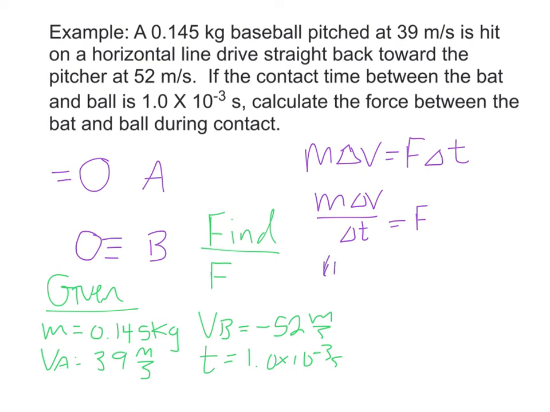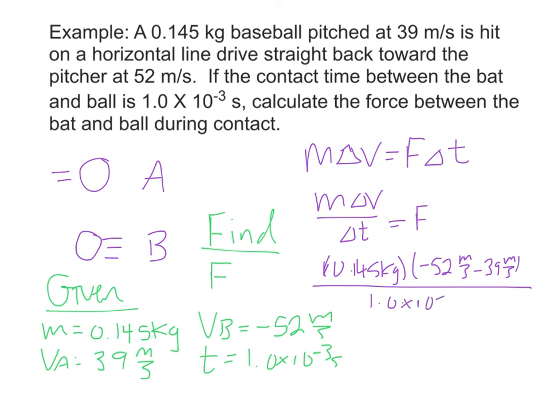So my mass, 0.145 kilograms, times my change in velocity, so this is VB, negative 52 meters per second, minus VA, 39 meters per second, over 1 times 10 to the negative 3 seconds equals force.